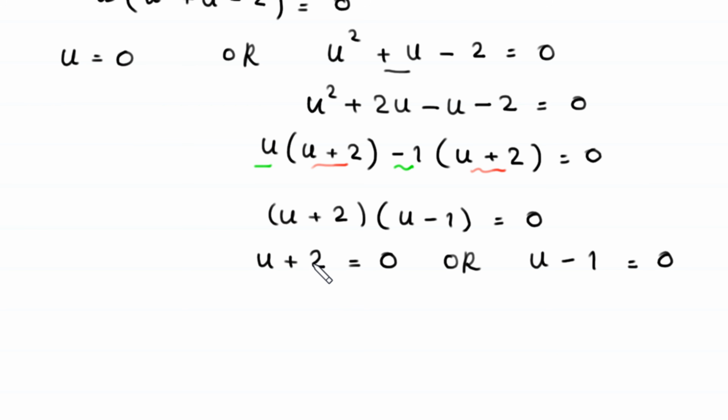From the first equation we get u equal to negative 2, and from the second we get u equal to 1. And first we found u equal to 0. So we have three values of u.